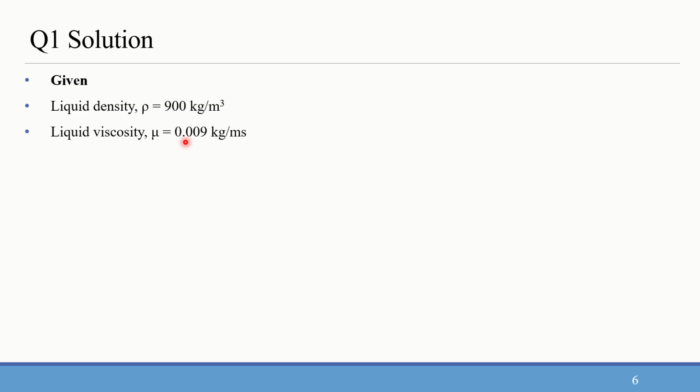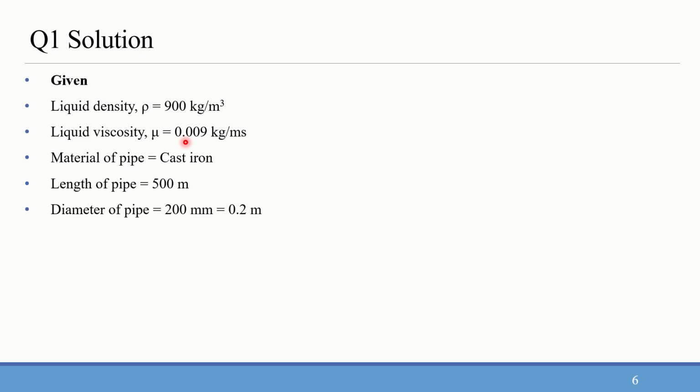Liquid viscosity is given as 0.009 kg per meter second. Material of pipe is given as cast iron, and length of pipe is given as 500 meter. Diameter of pipe is given as 0.2 meter, that is 200 mm, or in other words 0.2 meter.